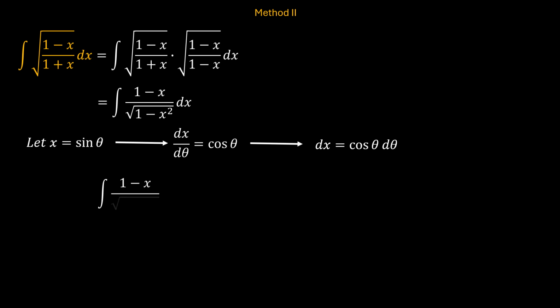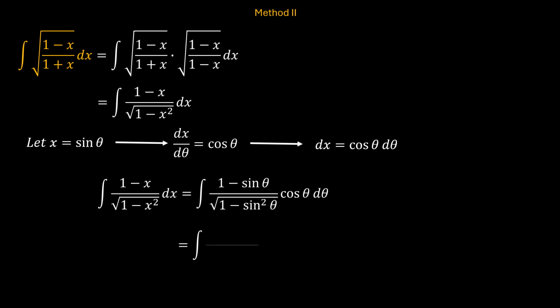And that means that now we have (1 minus x) over the square root of 1 minus x squared being equal to (1 minus sine theta) over the square root of (1 minus sine squared theta) times, in place of dx, we have cosine theta d theta. Now, 1 minus sine squared theta is cosine squared theta, the square root of that is cosine theta. So in the denominator, we have cosine theta.